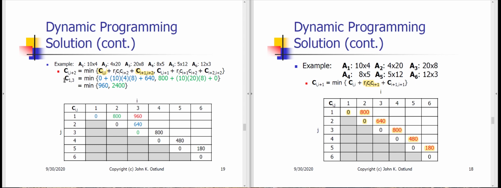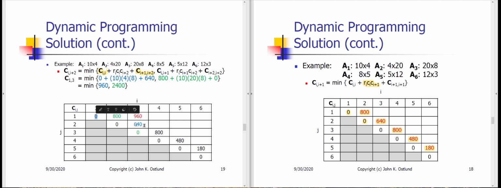So for the specific example, C1,3, notice that C1,1 is 0. Plus rows in A1, columns in A1, columns in A3. So that's 10 by 4 by 8. 40 times 8 is 320. Plus C sub 2,3. Now C sub 2,3 is this value here.